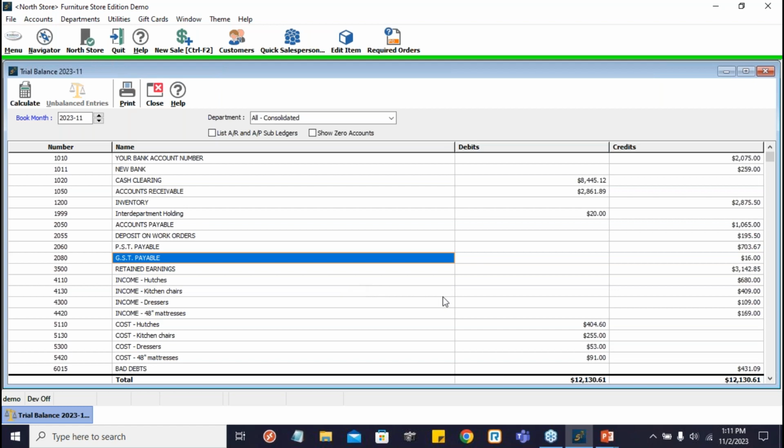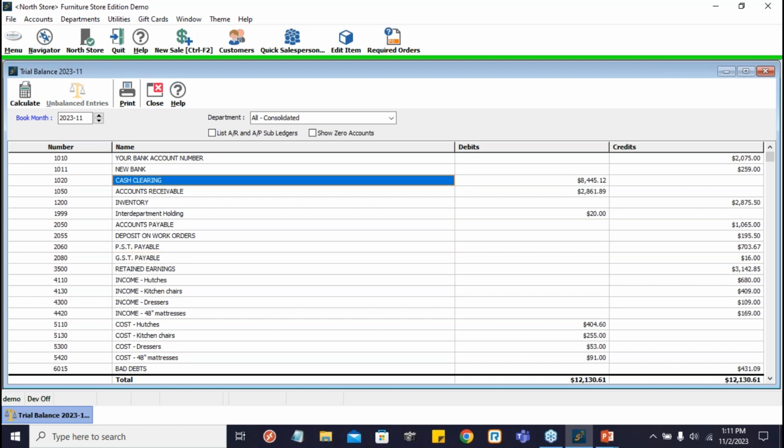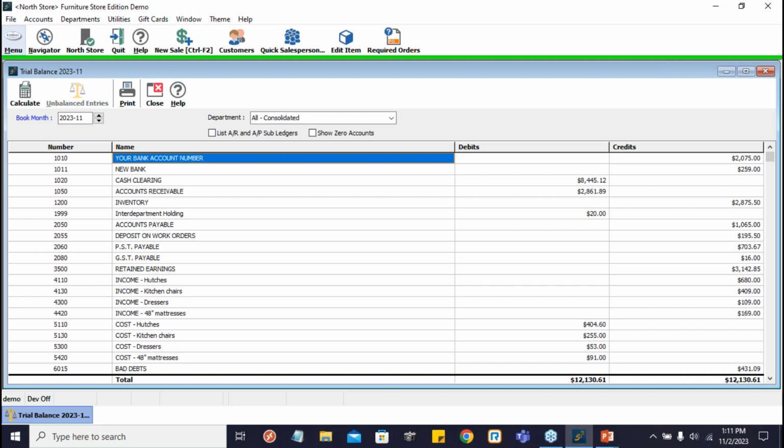The 1080 account is going to be increased by bills that we get in from our suppliers. I'm going to go to accounts payable, bills, add bills.